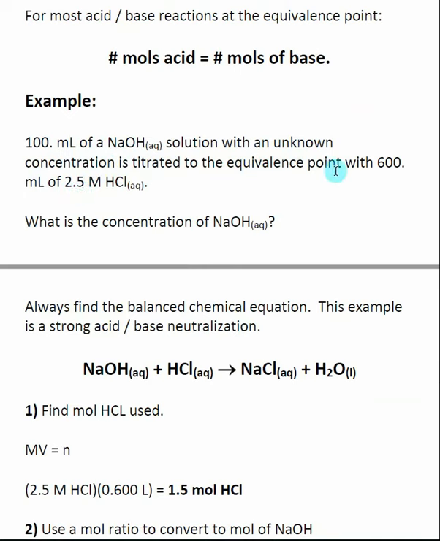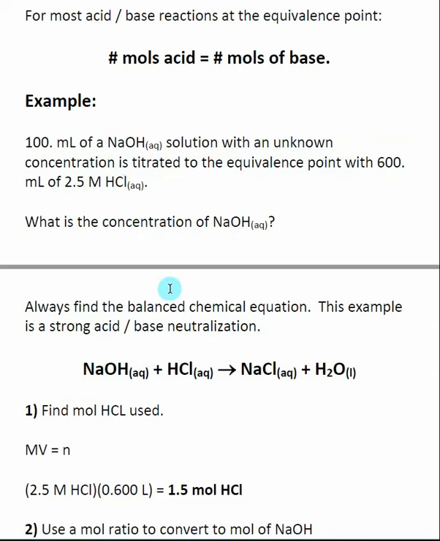I titrate it to the equivalence point, and I know that it took 600 milliliters of this 2.5 molar HCl to reach the equivalence point. Using this information, we're going to be able to calculate the unknown concentration of our NaOH. That's what we're looking for, and traditionally that's what you're looking for in a titration: the unknown concentration of something.